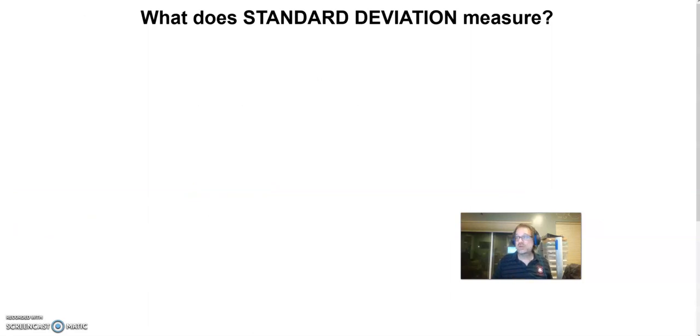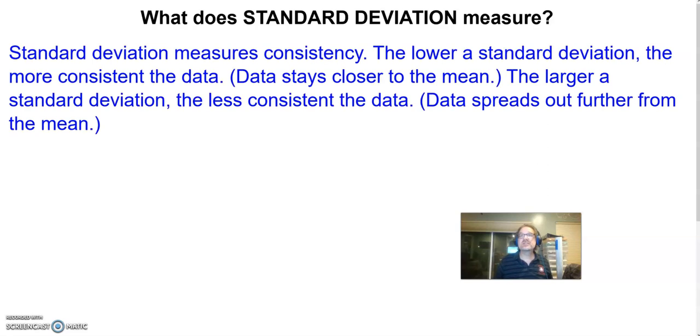In one word, standard deviation measures consistency. The lower my standard deviation, the more consistent my data is, the closer it is to the mean. So if I take a bunch of tests and I average up those test scores and I look at the standard deviation and it's small, what that means is I always get around that same letter grade.